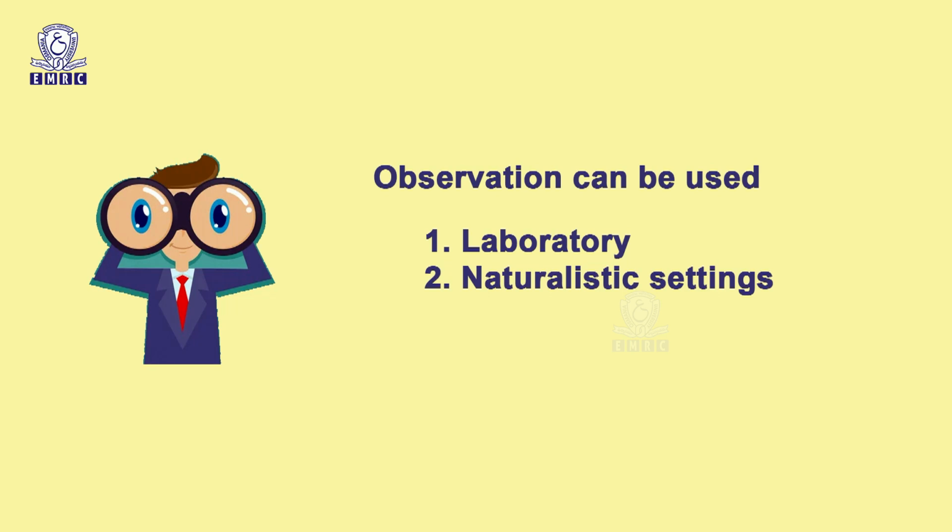Observation of the behavior of individuals, groups and organizations or their products or outcomes is not only an essential aspect of human life, it also forms a basic method of scientific research in behavioral sciences. Observation can be used both in the laboratory as well as in naturalistic settings.